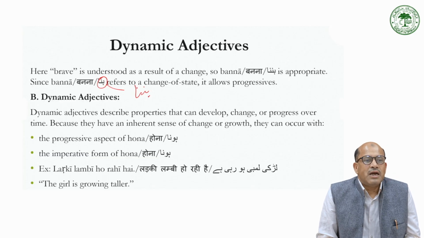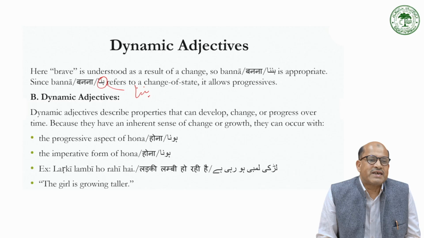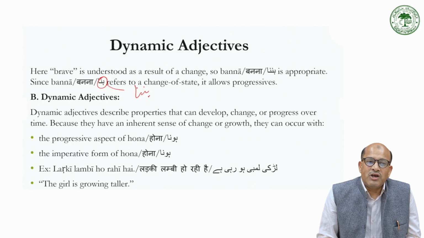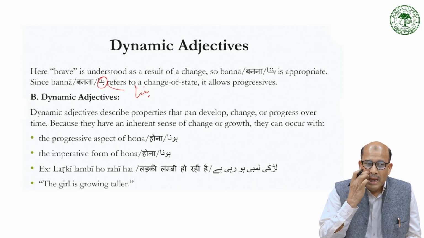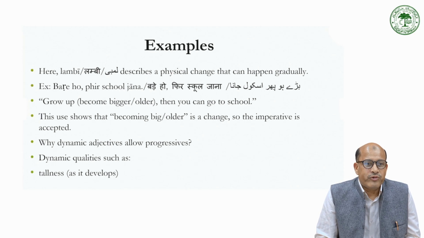Dynamic adjectives describe properties that can develop, change or progress over time. Because they have an inherent sense of change or growth, they can occur with the progressive aspect and the imperative form of hona. For example, लड़की लंबी हो रही है, the girl is growing taller.